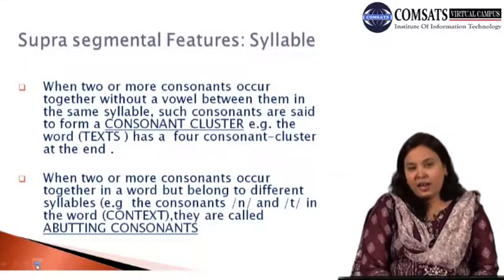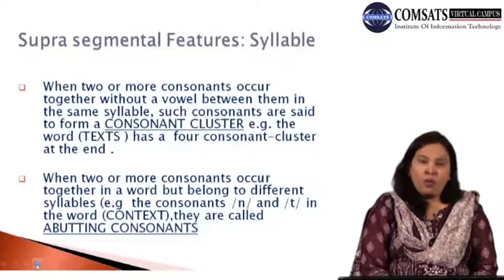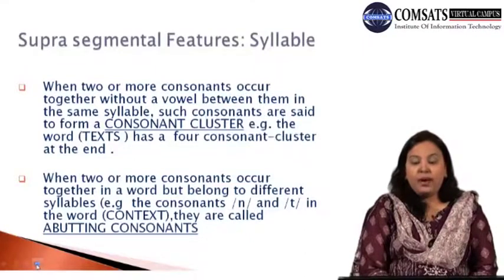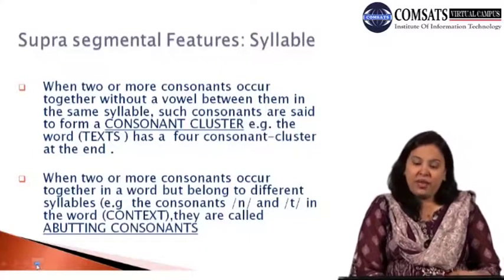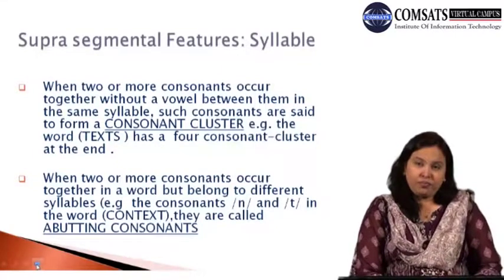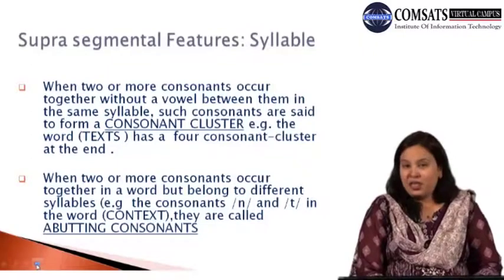Then there is another type, when two or more consonants occur together in a word but belong to two different syllables. Again, in the same word, but they belong to two different syllables. They are not part of the same syllable.